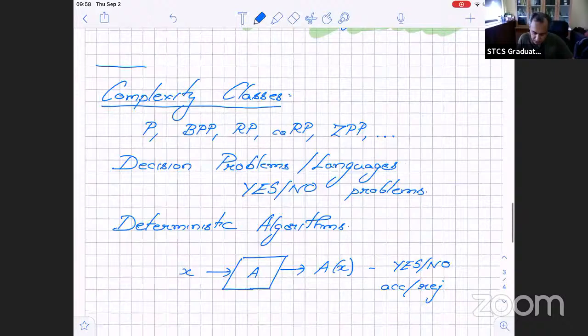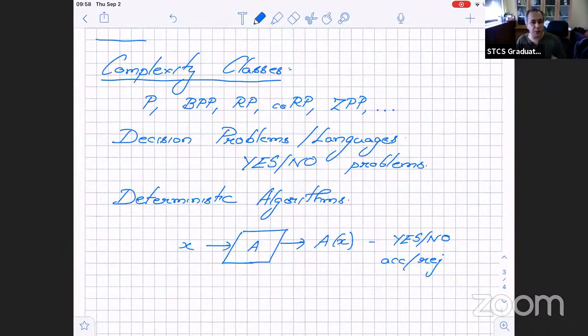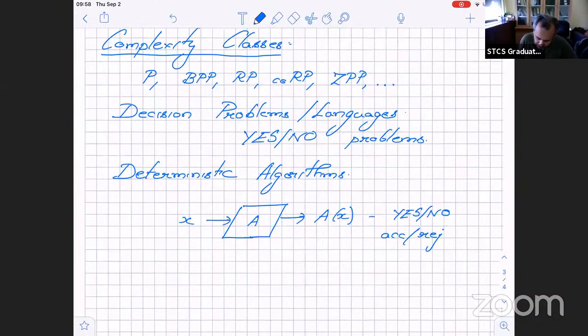Deterministic means it doesn't toss any random coins. On every input, each time you run it on the same input, the run will be exactly the same. It's completely fixed. There are no extra random coins that it tosses.